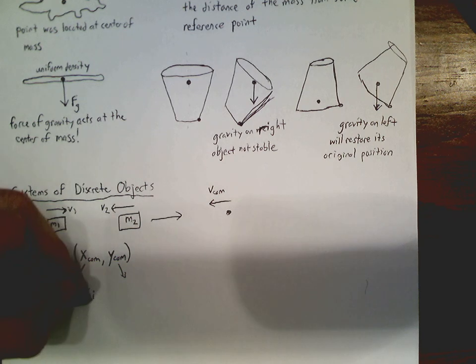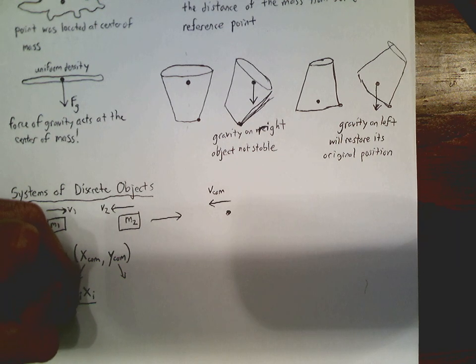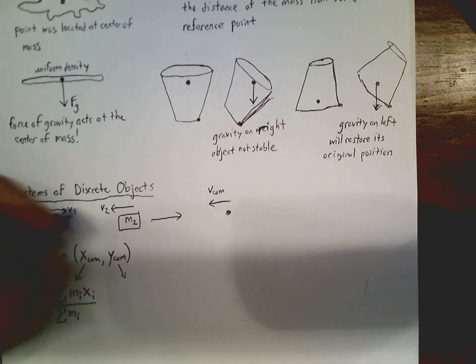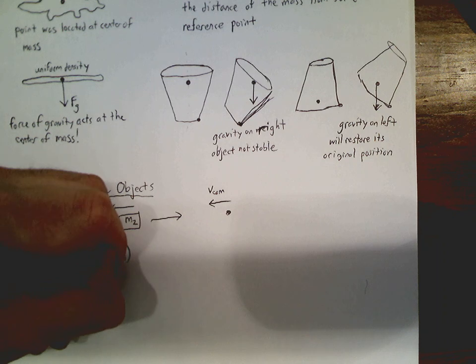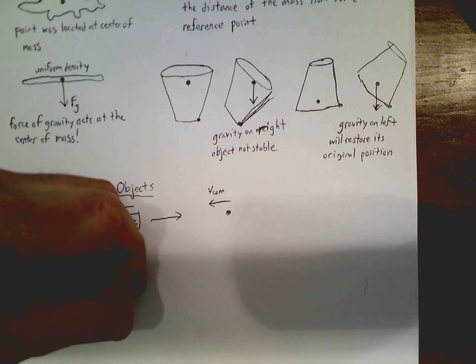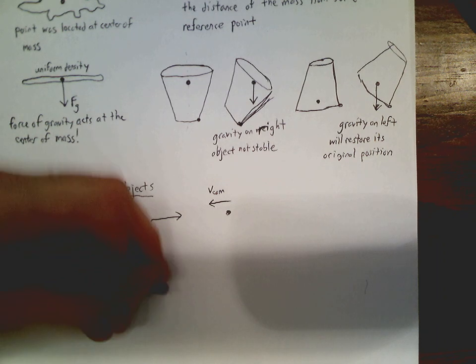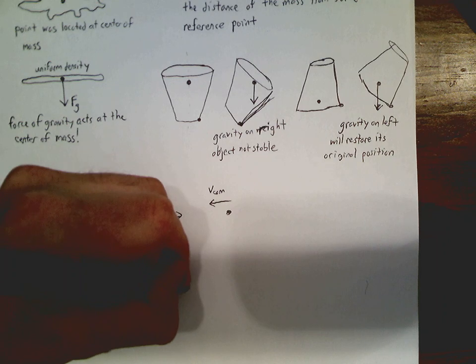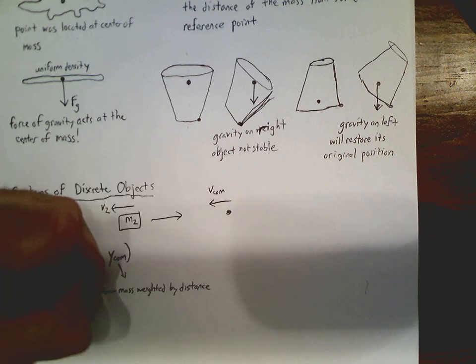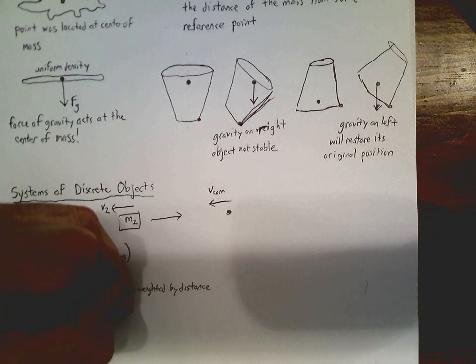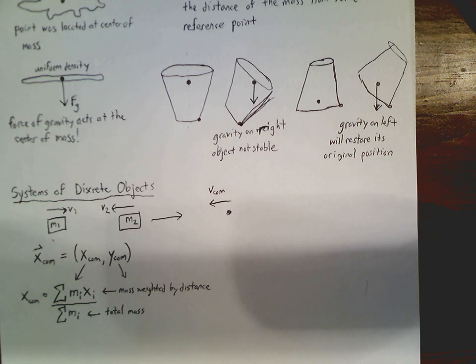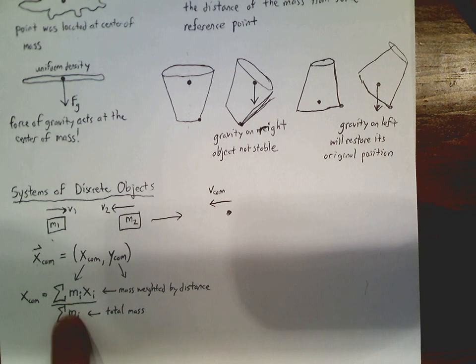So it is an average. We need to divide now by the total mass of the system. So this is mass weighted by distance. This is mass. This is the total mass. Note, you can't just cancel out the sigma and the m.